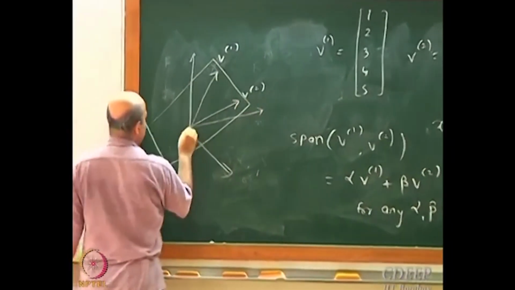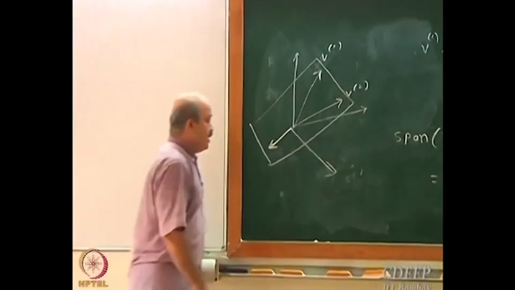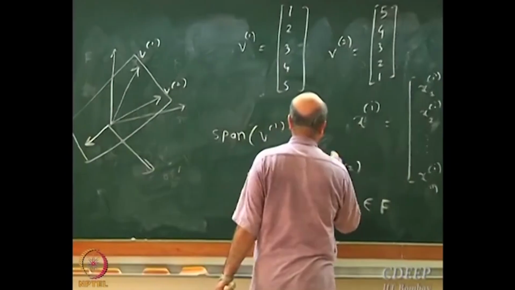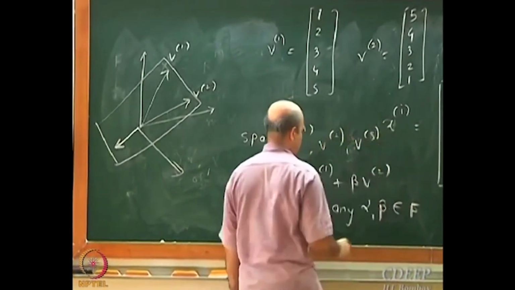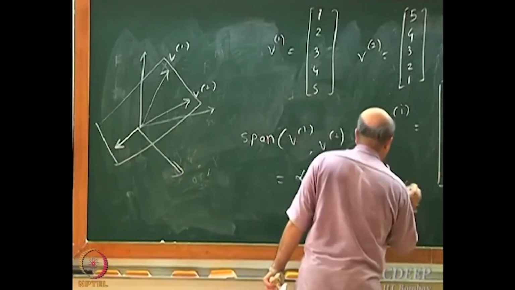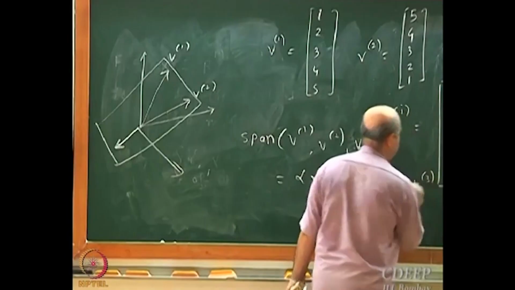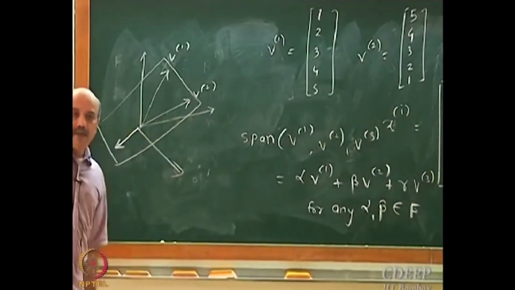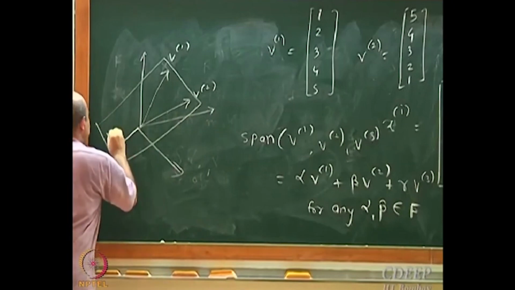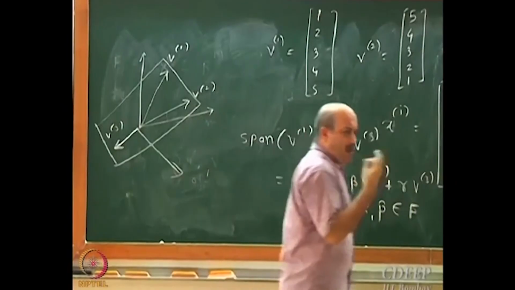This is the subspace. If I give you a third vector in the same subspace, which is v3, what will be alpha v1 plus beta v2 plus gamma v3? Same thing. That is because this third vector v3 is linearly dependent upon v1 and v2.